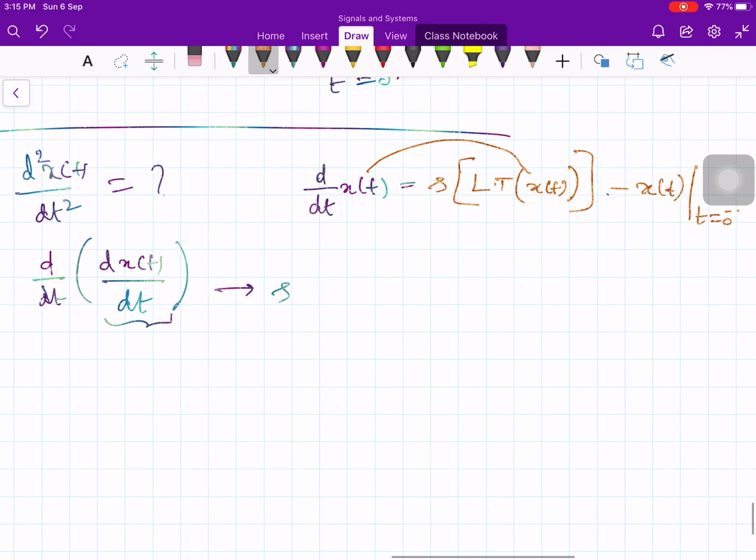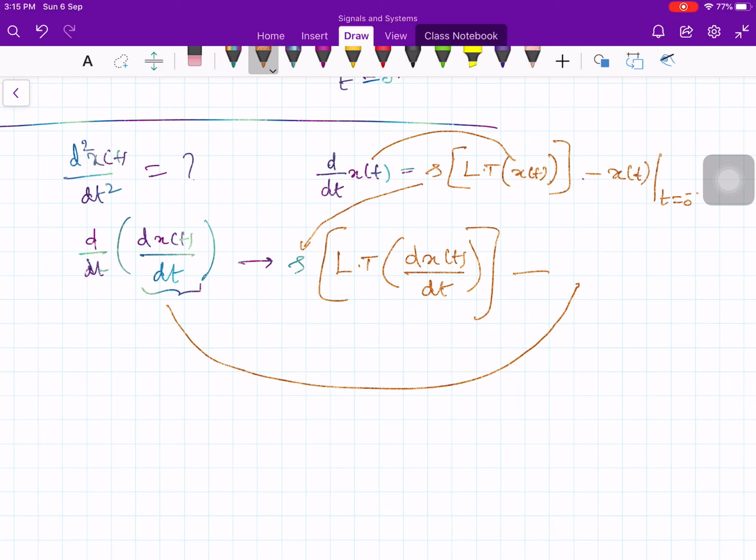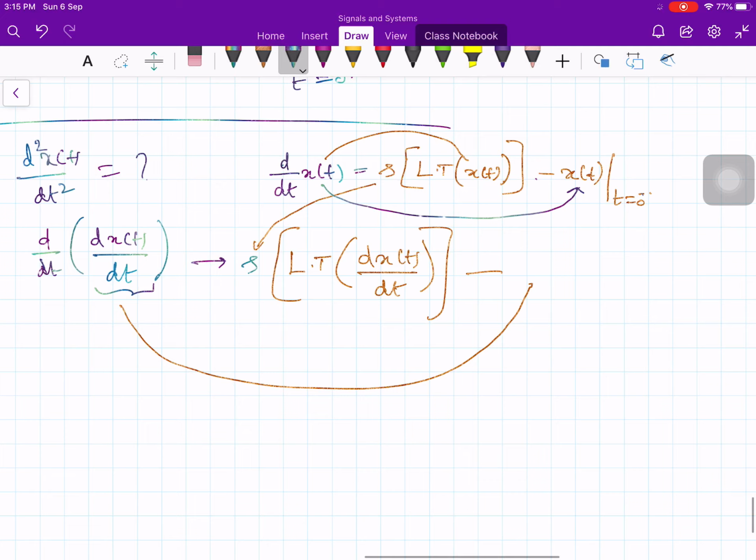Now here again the same s comes, multiplied by the Laplace transform of this guy, d x of t by dt, minus this function's derivative. Same x of t you put and evaluate at t equals 0 minus. Similarly, you take d x of t by dt, evaluated at t equals 0 minus.